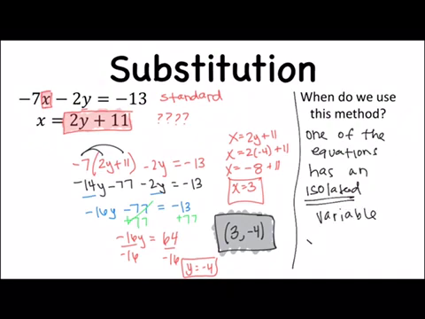So what that means is you have y equals, you have x equals, you have whatever variable equals, and then all of your stuff. So in this case we did. We had x equals 2y plus 11. The x is what's isolated. It's on one side all by itself.